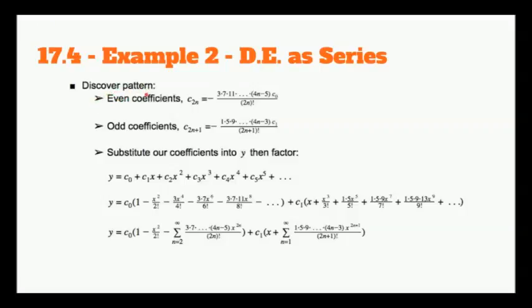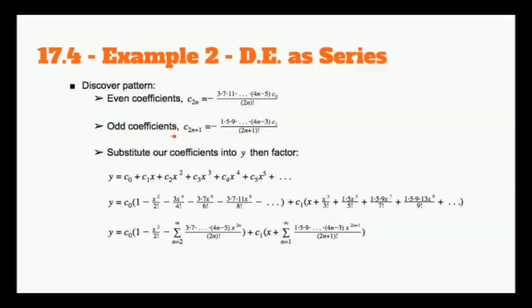Now we discover the pattern. We have even coefficients of c2n equal to negative of 3 times 7 times 11 times and so on until 4n minus 5, times c0 over 2n factorial.